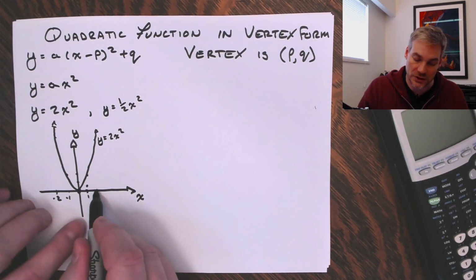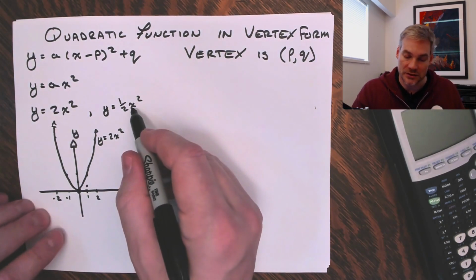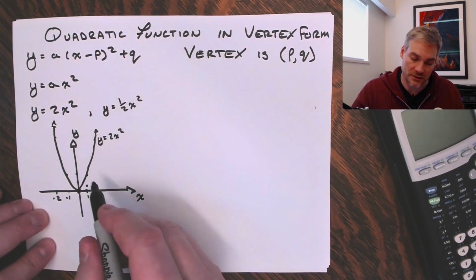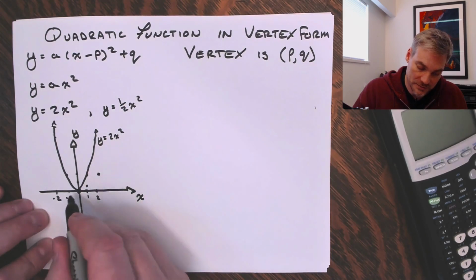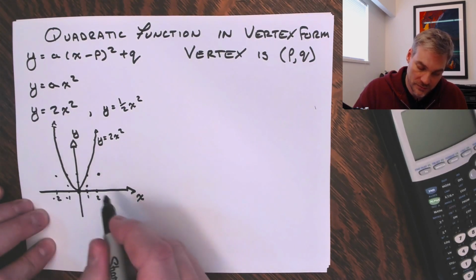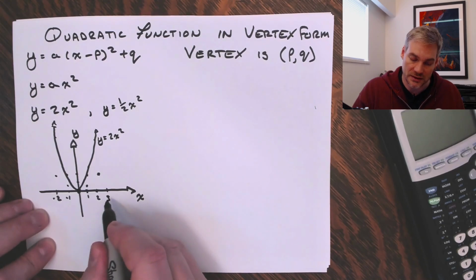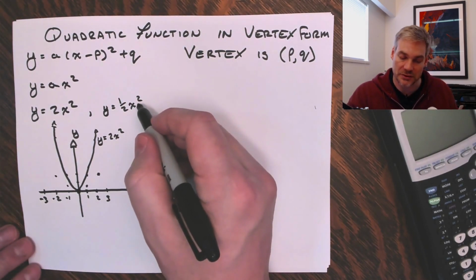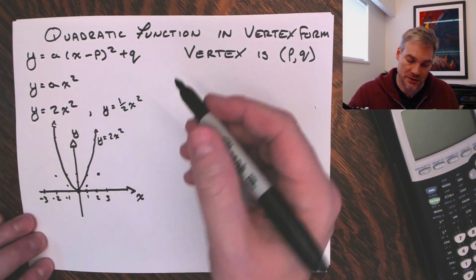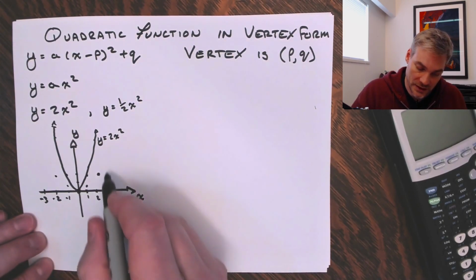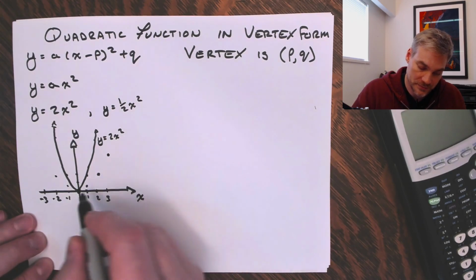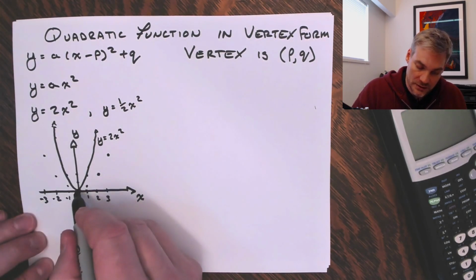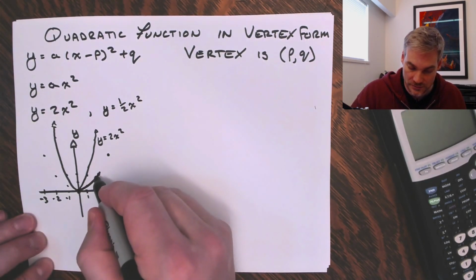If we go over 2, we're going to go 2 times 2 is 4, divided by 2 is 2. So we go up like this. We even go over to 3 and negative 3. 3 squared is 9, 9 divided by 2 is 4.5, and that's not even that high. That's somewhere like here. So we fill this in.